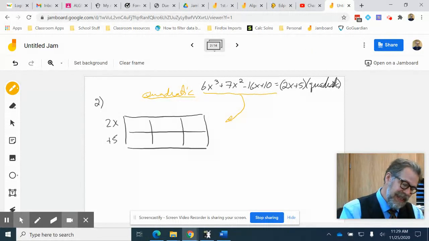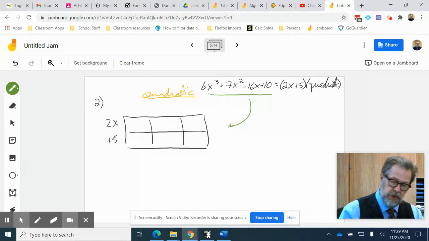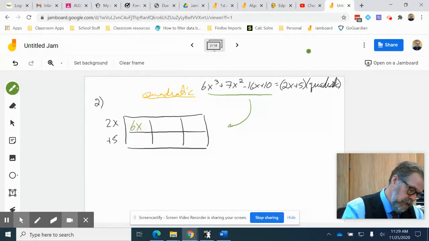That means that this cubic has to go into the generic rectangle. Well, I know that the 6x cubed is going to go here, and I know that my quadratic must have 3x squared, because 3x squared times 2x equals 6x cubed.